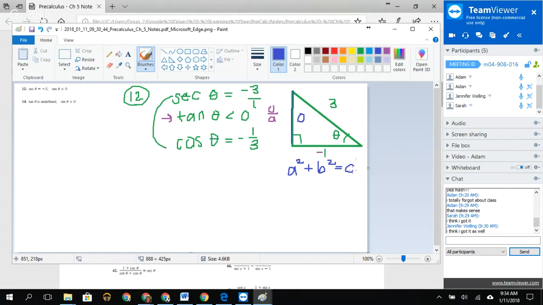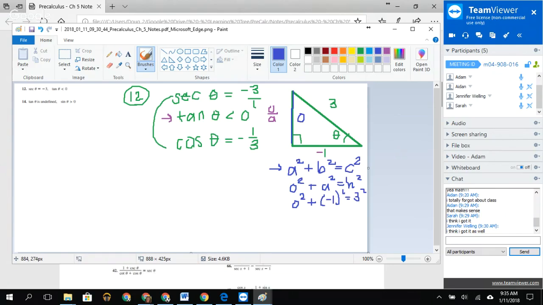In trigonometry, it would be more appropriate to say opposite side squared plus adjacent side squared equals hypotenuse squared. I think that makes a little more sense, but this is the standard way everybody learns Pythagoras. So we have the adjacent side and the hypotenuse. So opposite side squared plus -1 squared equals 3 squared.